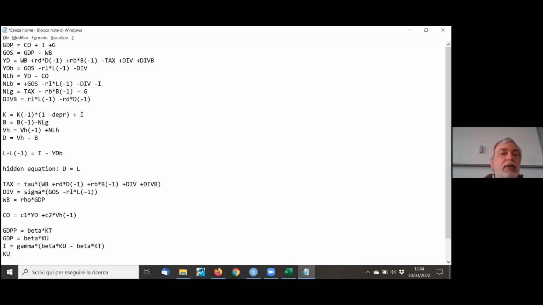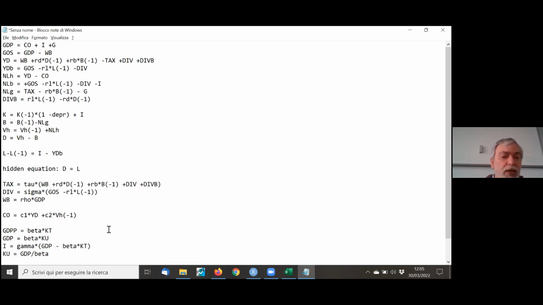Now, the KU would be the K. Not the KU, it has to be derived from here. So the capital currently used is given by the actual output divided by the so-called capital productivity. And therefore, we can get rid of this KU and only have here GDP, while KT would be the total stock of capital which is available.